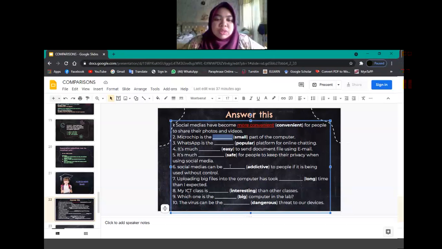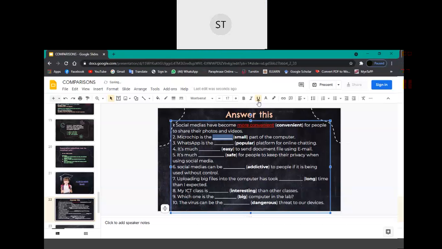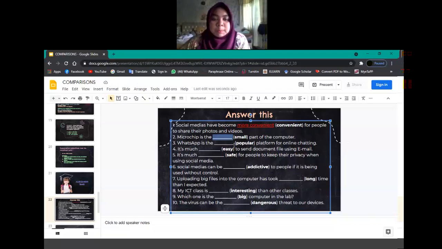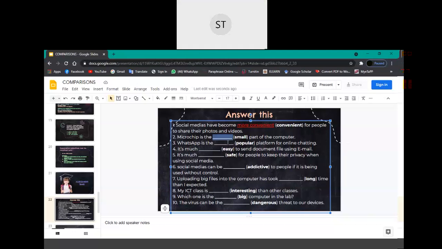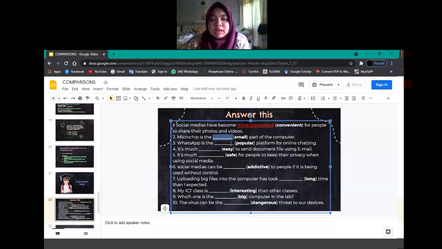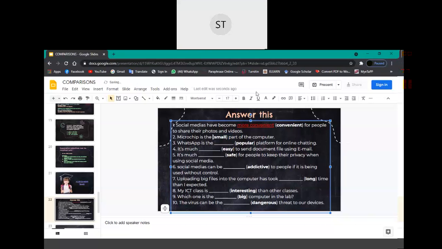What makes you think the answer is the smallest? Because there's the word the in front. So it is the superlative, so the suffix is? est. Good job. That's correct. Thank you, Sharon.